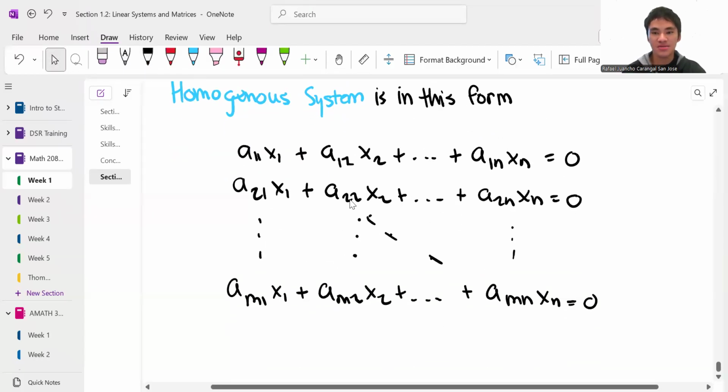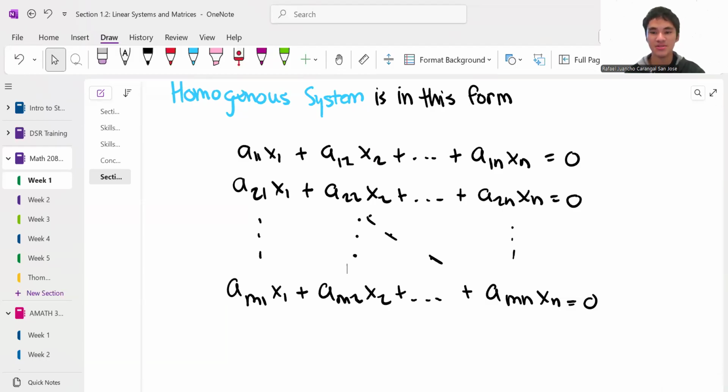So this is a homogeneous system. It's a system made up of homogeneous linear equations, and they're just all equal to 0.